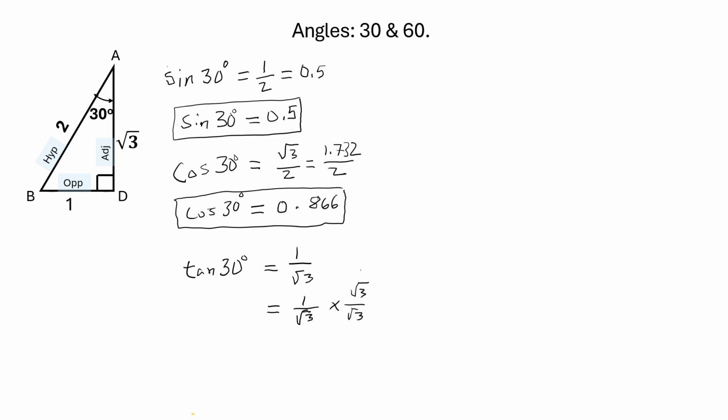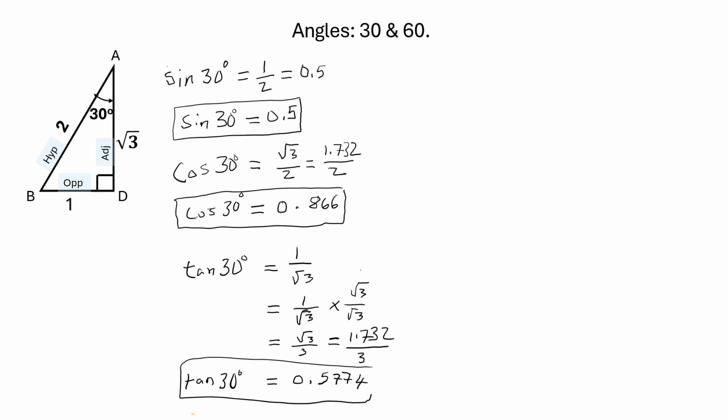That will give us root of 3 over 3, because 1 times root of 3 is root of 3, and root 3 times root 3 is equal to 3. That gives us 1.732 divided by 3. And so tan 30 degrees is equal to 0.5774. Brilliant. So we've done that with 30 degrees.